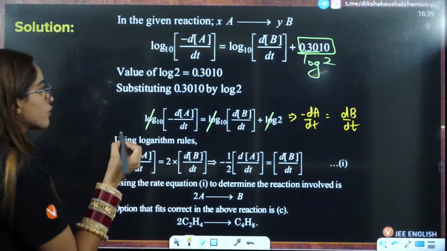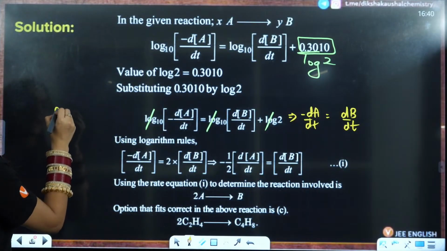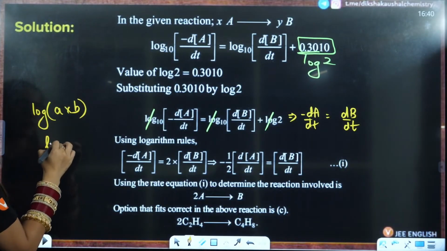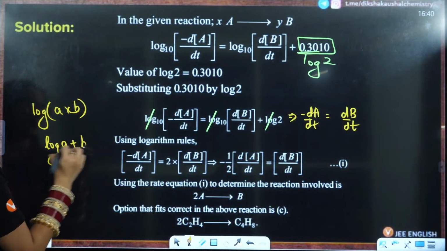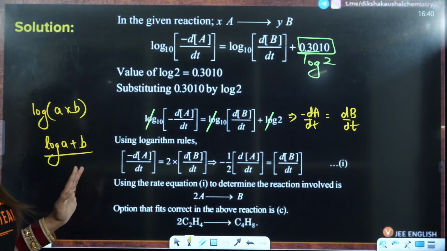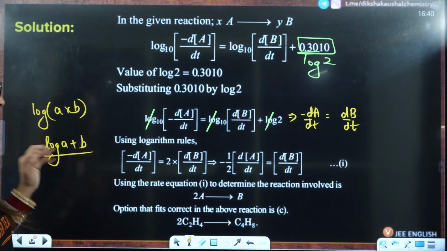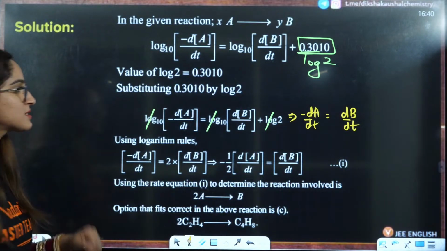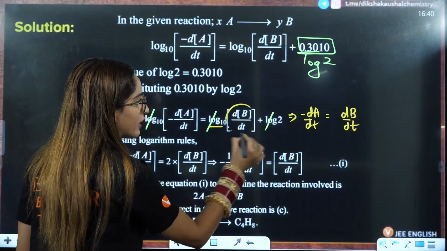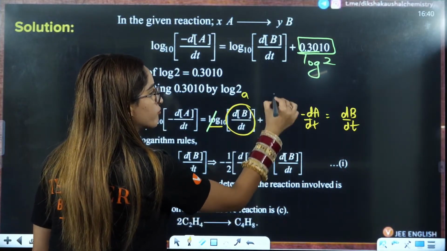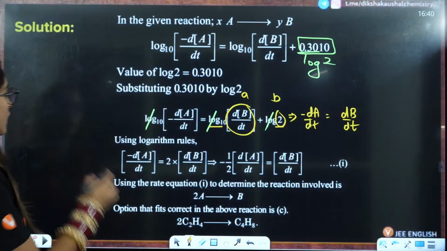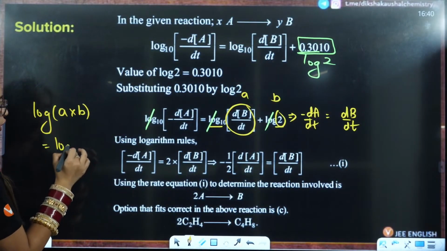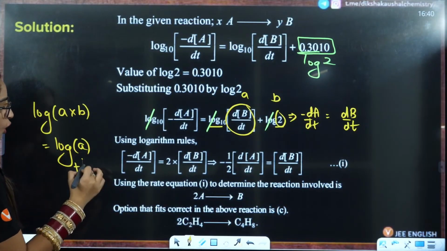For example, we are taking A into B. The log of A into B is going to be log of A plus log of B, right?